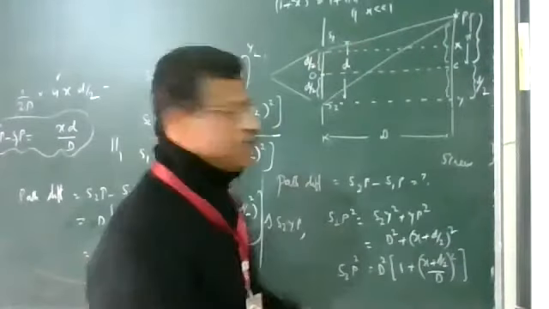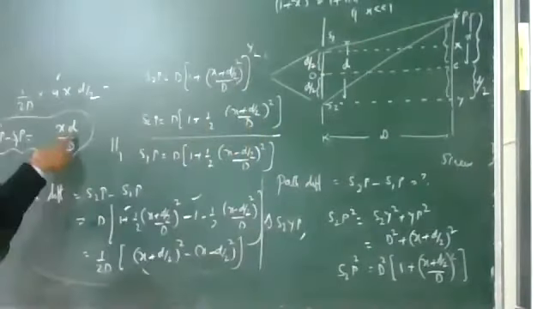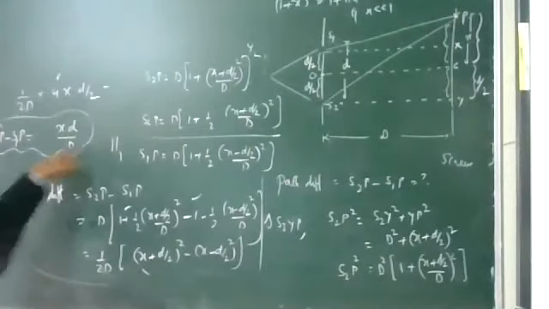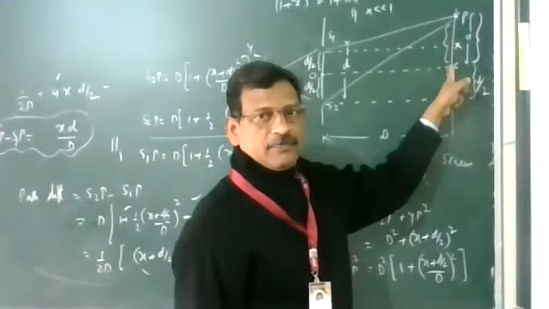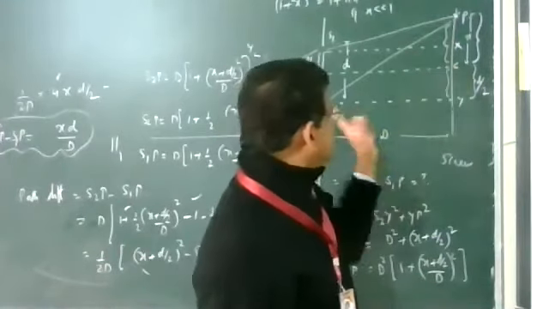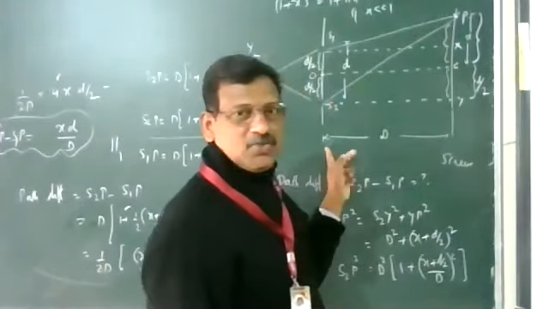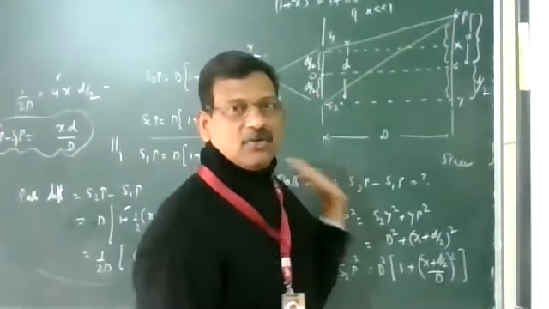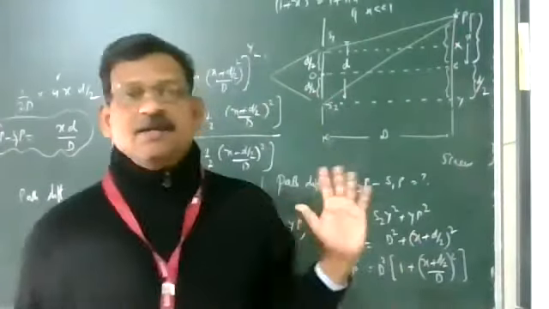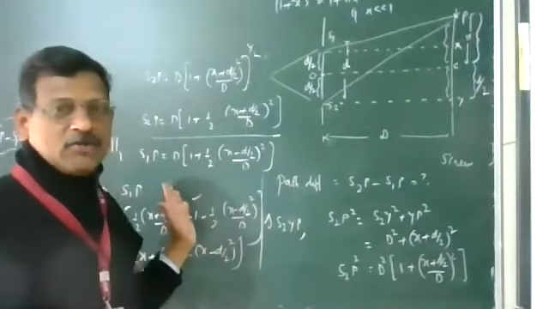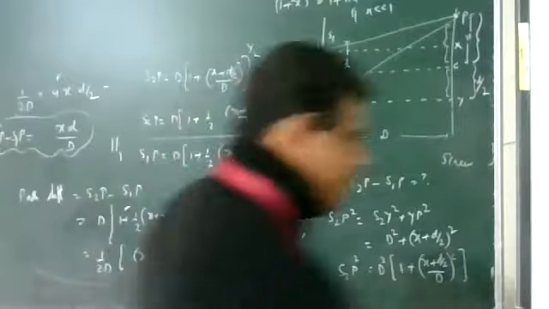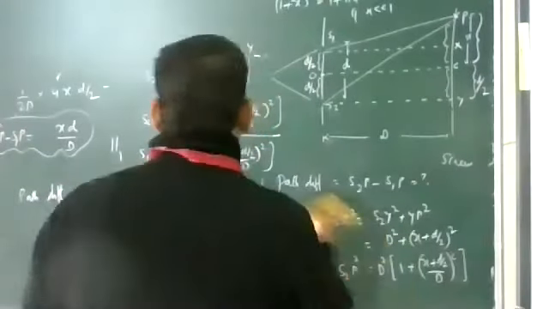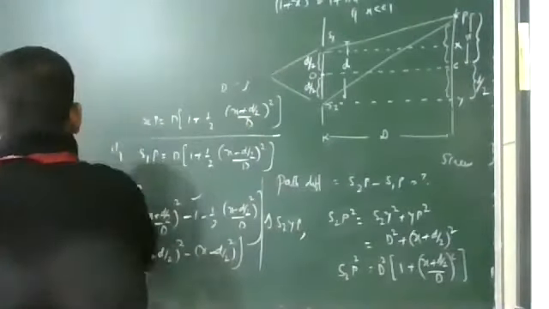What is the equation for that? It is X into small d divided by capital D. X is the distance of the point P from the center of the screen, capital D is the distance of the screen from the coherent sources, and small d is the distance between the coherent sources. So three things are there in the calculation of path difference, and this is the way to find out the path difference.